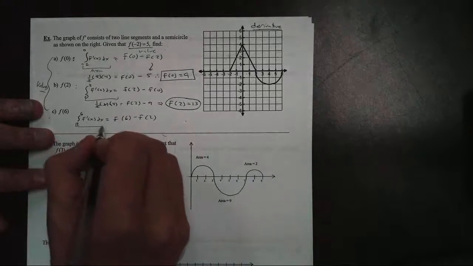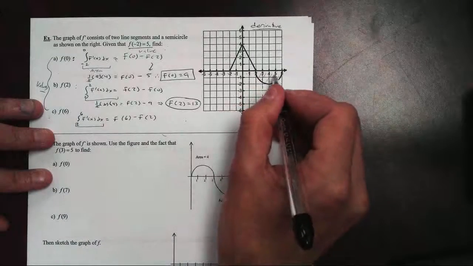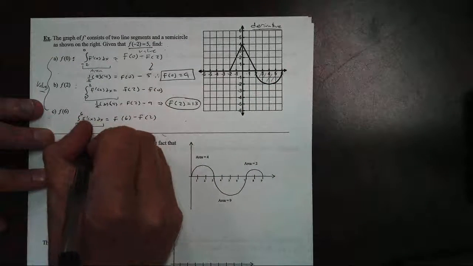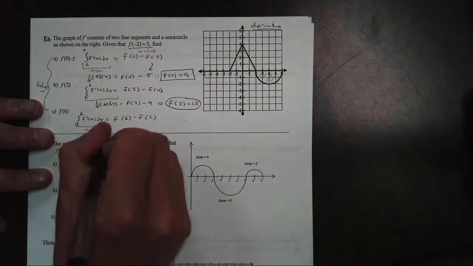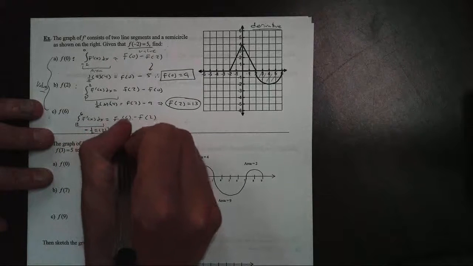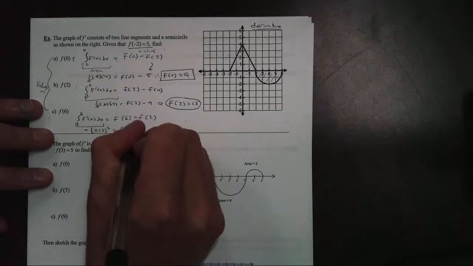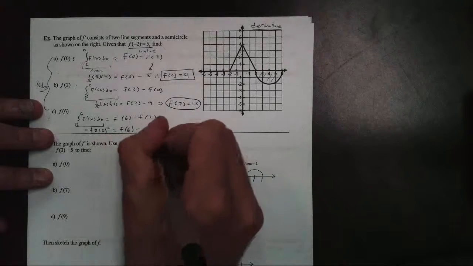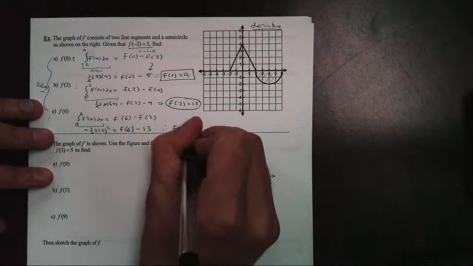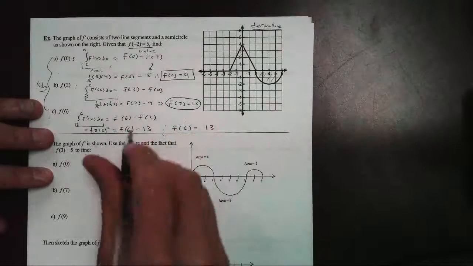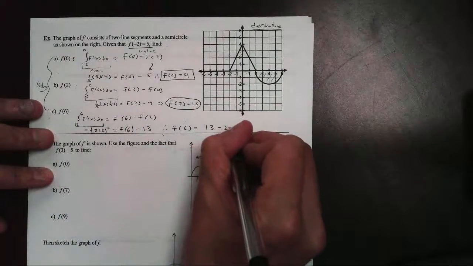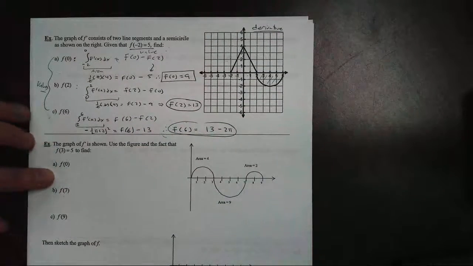Be careful, this time it's a circle and it's below the x-axis. So it's going to become -1/2 pi, the radius is 2, squared, equal to f of 6, which is what I'm looking for, minus f of 2, which I found is 13. Therefore, I can get f of 6 equals 13, bring the 13 over, minus 2 pi. And there we go. Very easy to do.